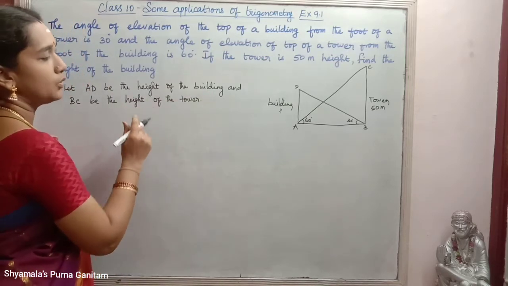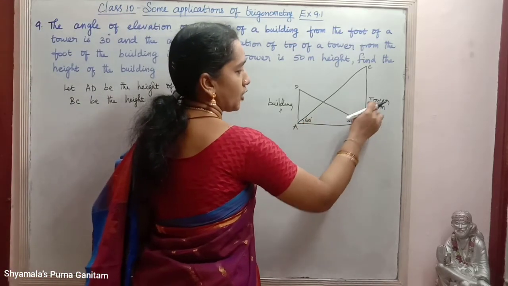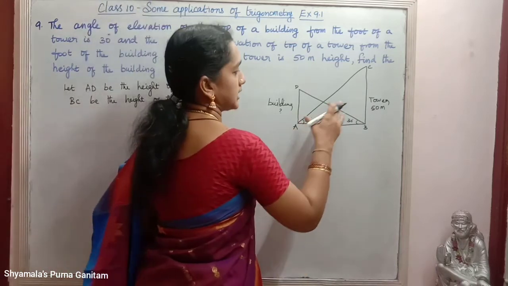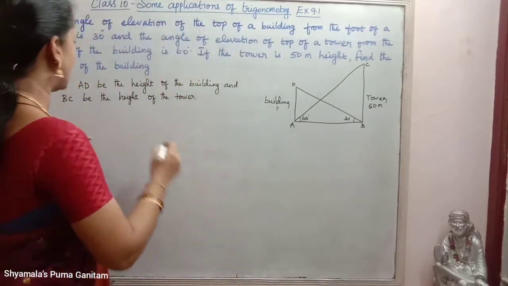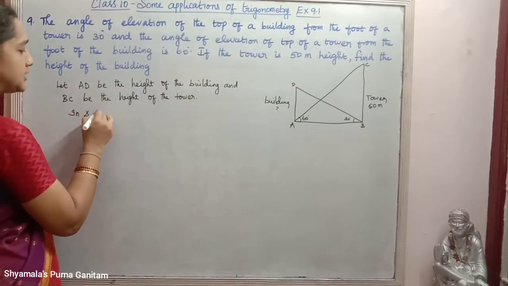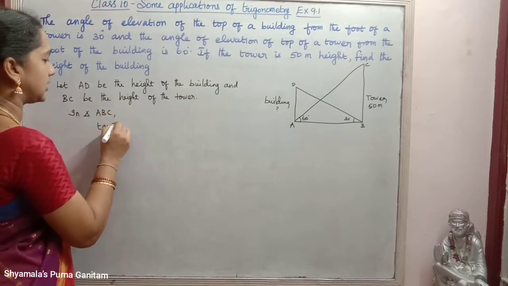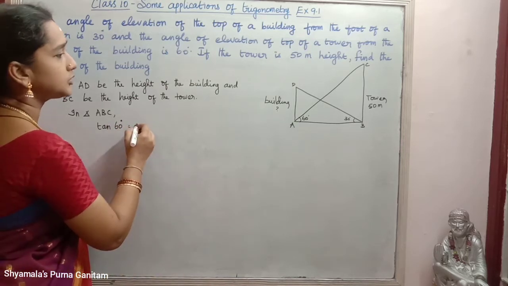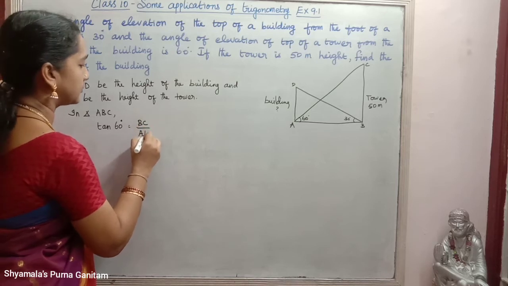Okay, so now we will find tan 60, opposite by adjacent. Adjacent side is common to both triangle ABC and triangle ABD. First we will take triangle ABC. In triangle ABC, tan 60 is equal to opposite, that is BC by AB.